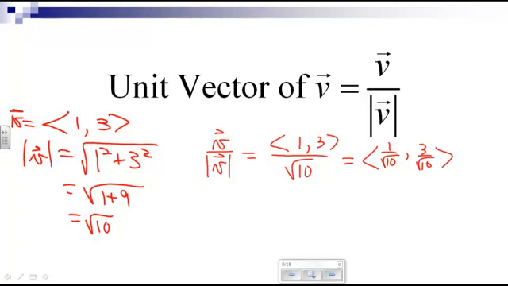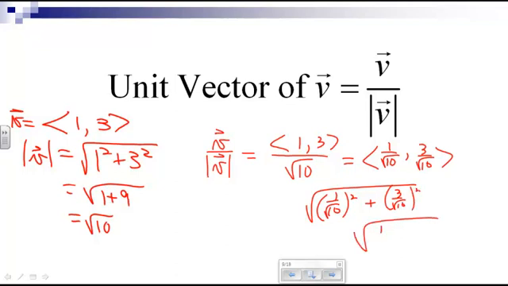And that special vector boils down that vector to its directionness. Now why is that? Because I've gotten rid of the magnitude. The magnitude of this vector is 1. We call it the unit vector because if we follow these directions, we'll always get a vector with magnitude 1. Can I show that? Sure. How about I take the square root of 1 over root 10 squared plus 3 over root 10 squared.